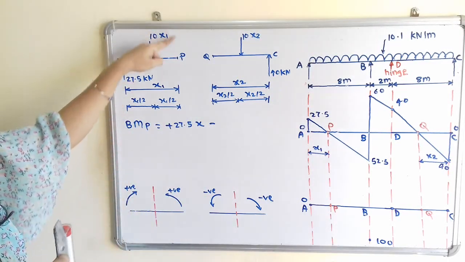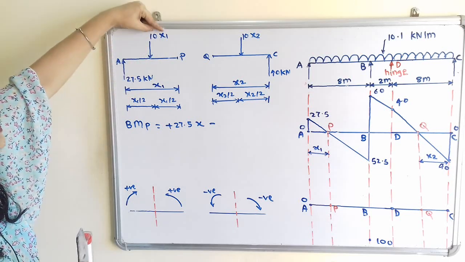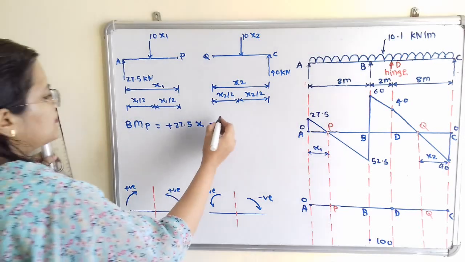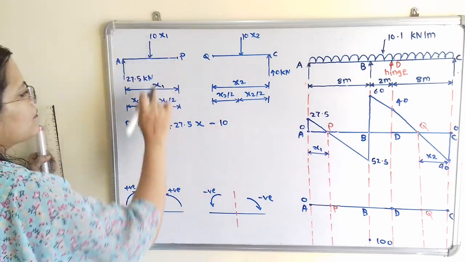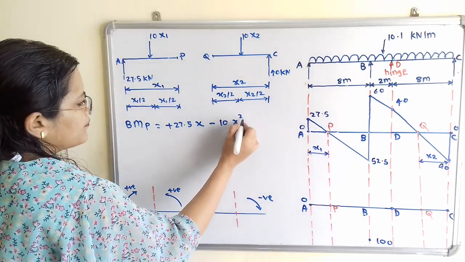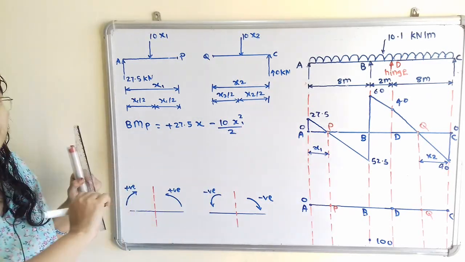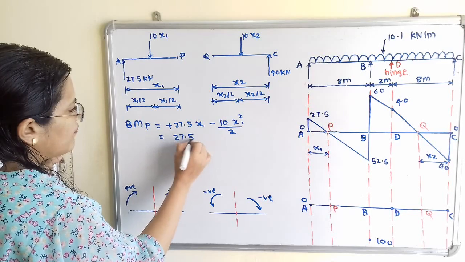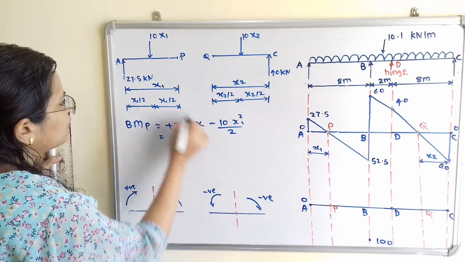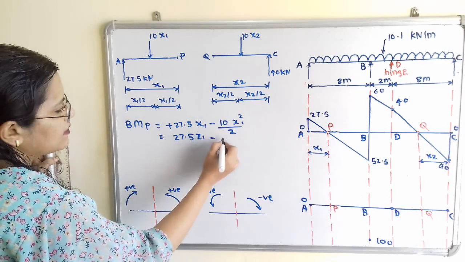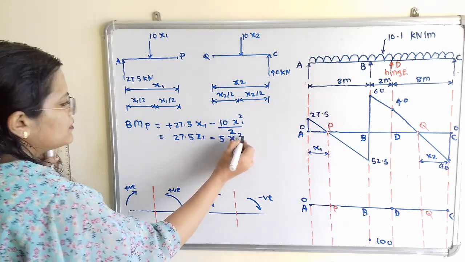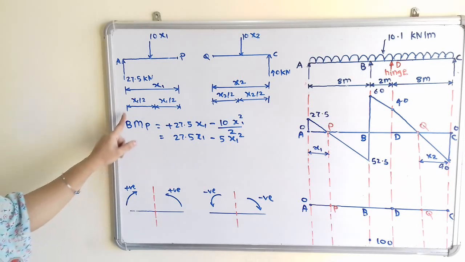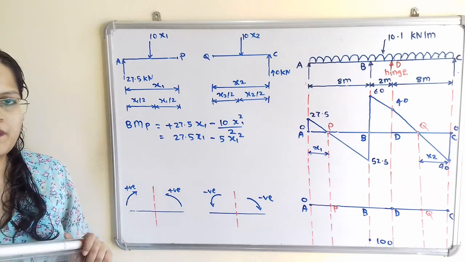Now this is uniformly distributed load, so it is 10x1 multiplied by x1 by 2. That means minus 10x1 square by 2. So I will solve this: 27.5 x1 minus 5 x1 square. So this is the formula to calculate the maximum bending moment.